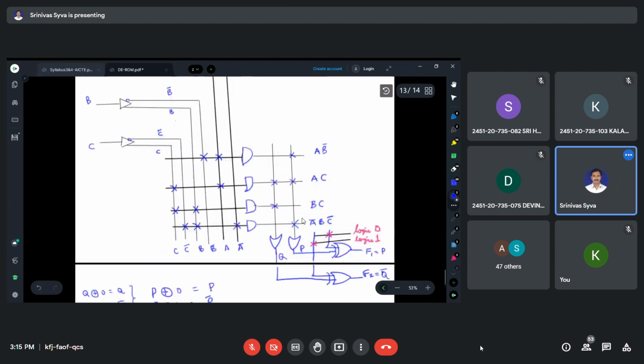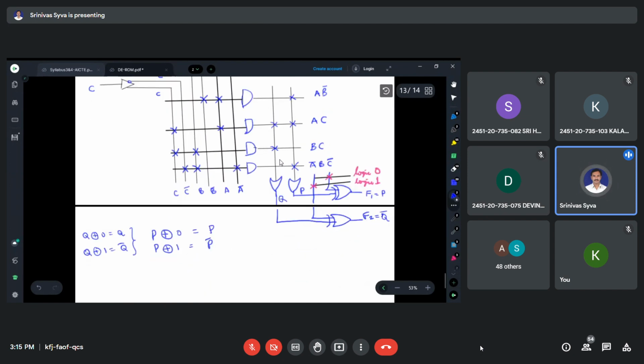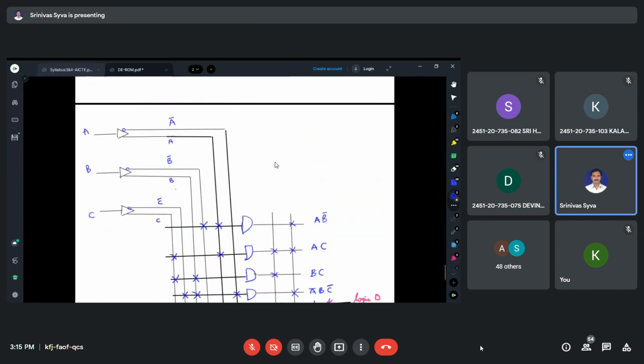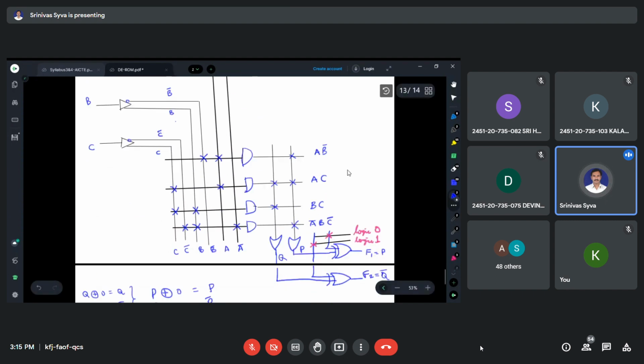Right. Here F1 is equal to, what is the function here? What are the products of the F1? F1 is given by, as per this, A B bar plus A C plus A bar B C bar. This is F1.